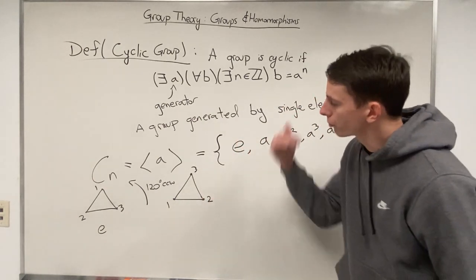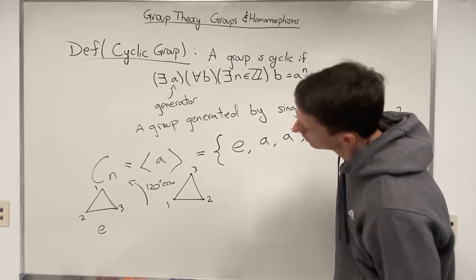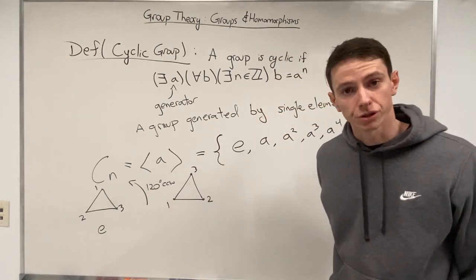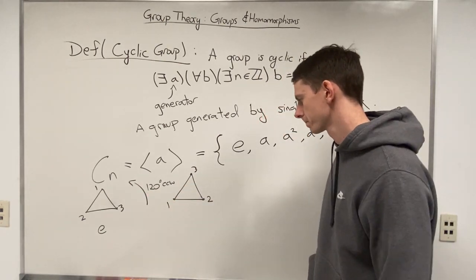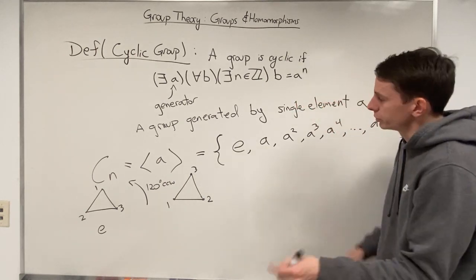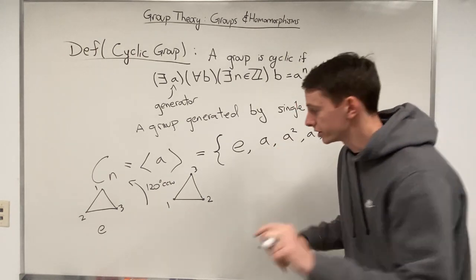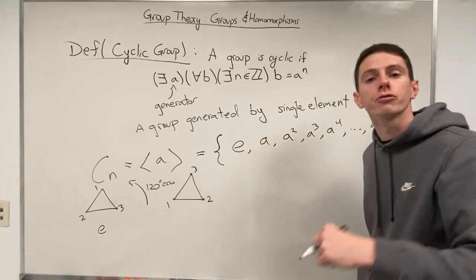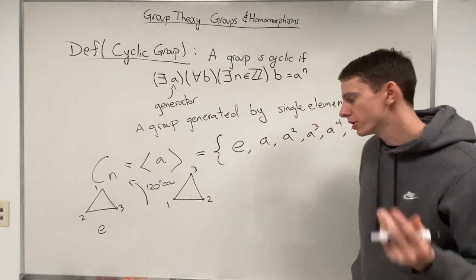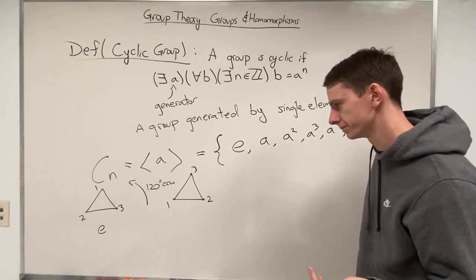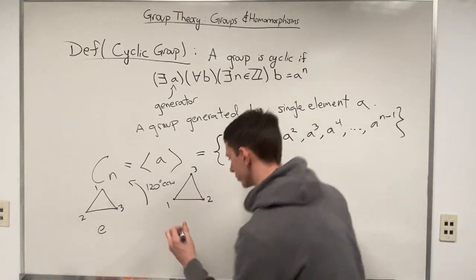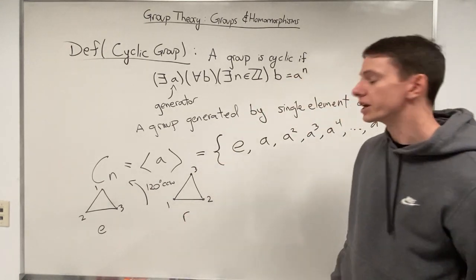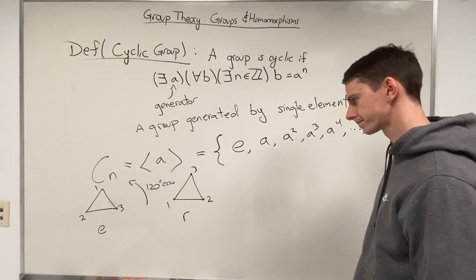So even though upright it looks the same, you can see that the positions of the vertices look different. And rather than calling this rotation by 120 degrees A, maybe I'll call it R for rotation. So going from here to here produces a rotation by 120 degrees, R.